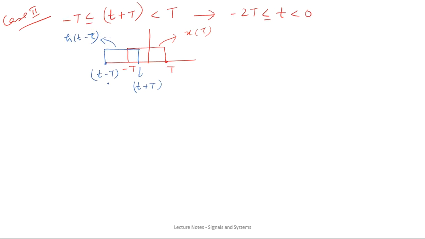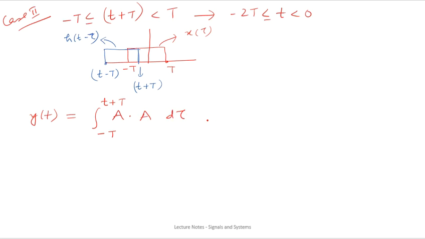From here you can see that if you want to evaluate the convolution integral, there is overlapping in between minus T to t plus T.